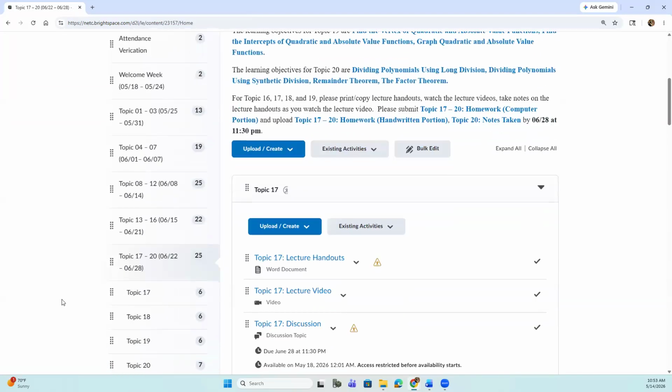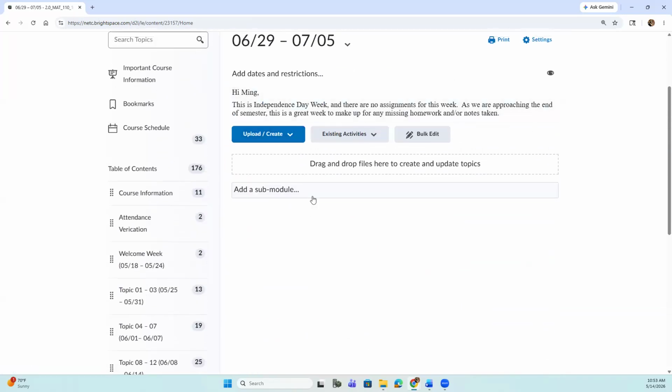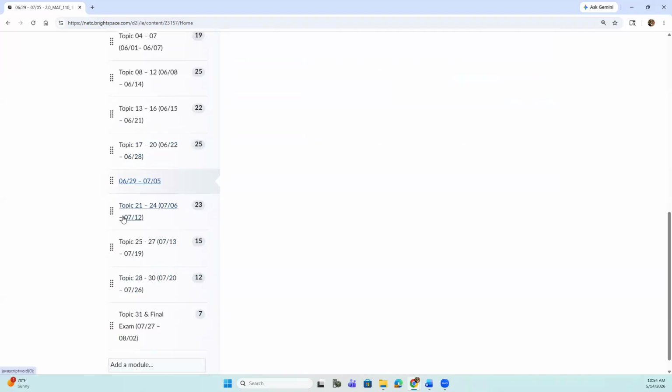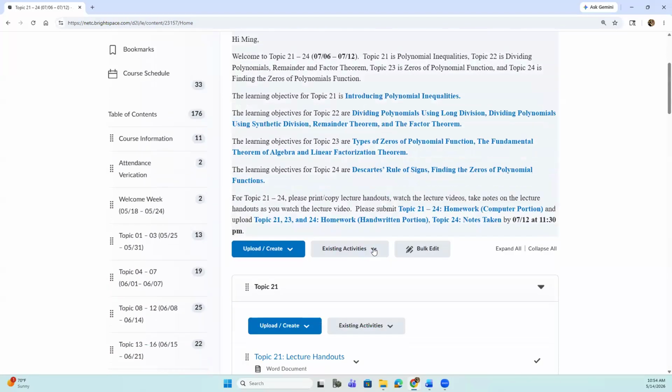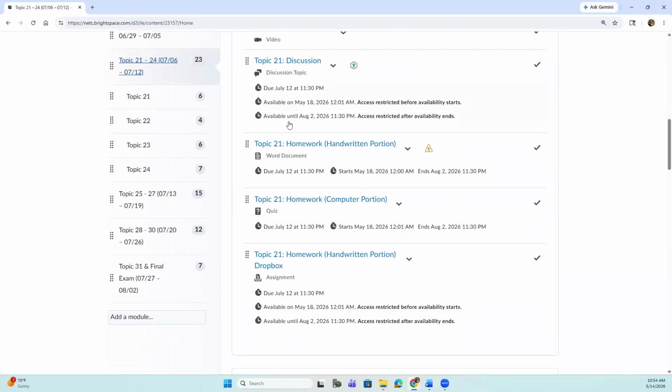Let's fast forward to Independence Day week. For this week, there's no homework assignment due, so this is also a very good week for students to catch up on any missing assignments. If you look closely at the dates, all your graded assignments have a start date, due date, and end date.